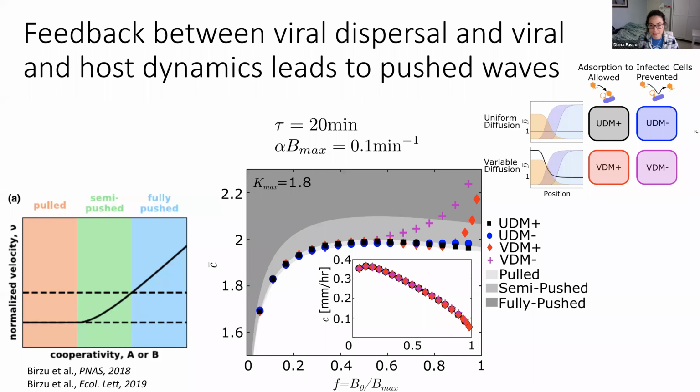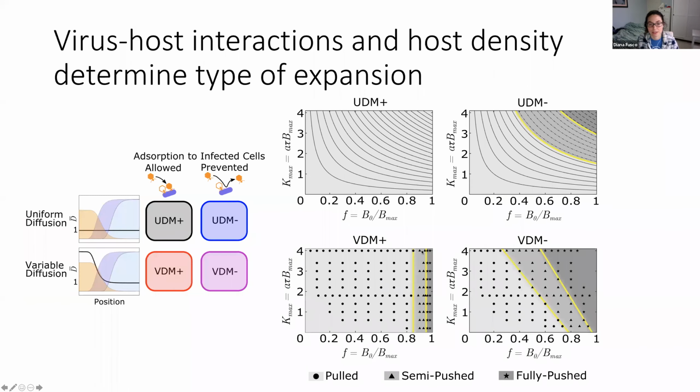So we can repeat this across different parameters. What I'm plotting here for the 4 model variants are this transition from pulled, which is light gray, to semi-push, which is a bit darker gray, to fully push, which is very dark gray, as a function of bacterial density, and this product here of absorption rate by lysis time, which our model finds to be the key parameter to actually predict this transition.